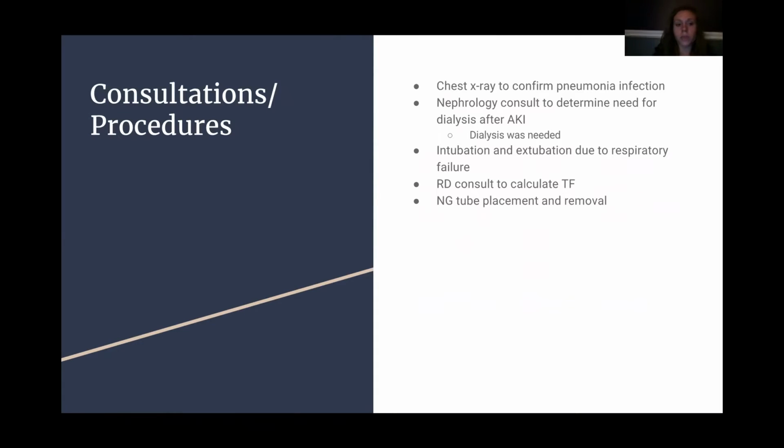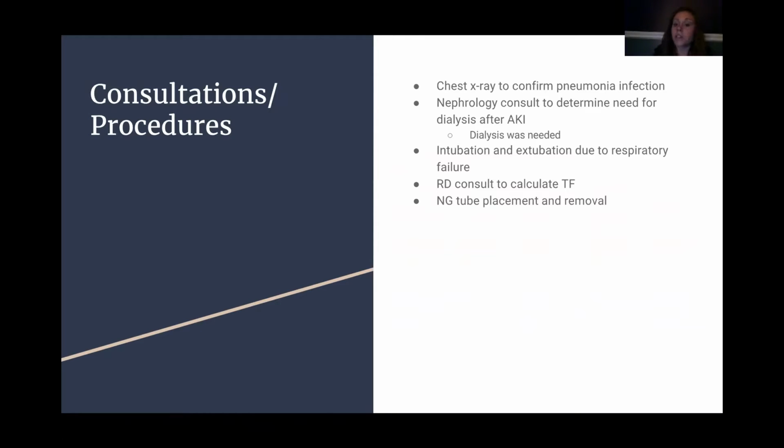Some consultations and procedures he underwent while in the hospital were a chest x-ray to confirm his pneumonia infection. He had a nephrology consult to determine the need for dialysis after he experienced an AKI, and it was indeed needed. He was intubated and extubated due to respiratory failure.